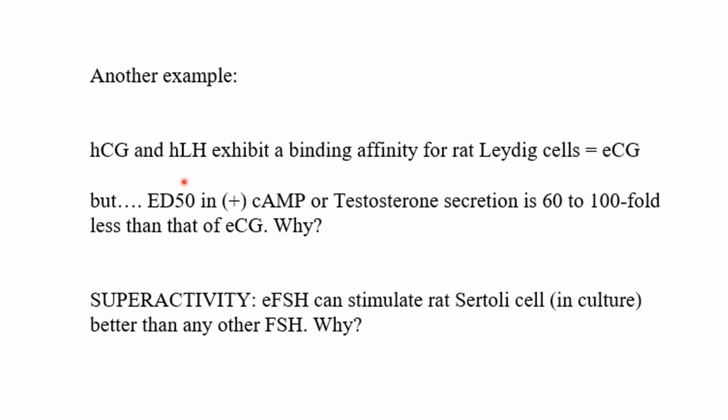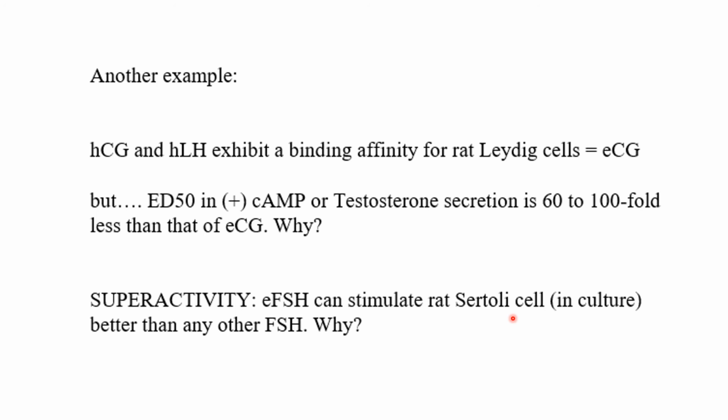So we can even see superactivity. So here's an example of superactivity. Equine FSH can stimulate rat Sertoli cells, which are other cells in the testicle of a rat and all male mammals. And Sertoli cells babysit sperm and help with sperm production.